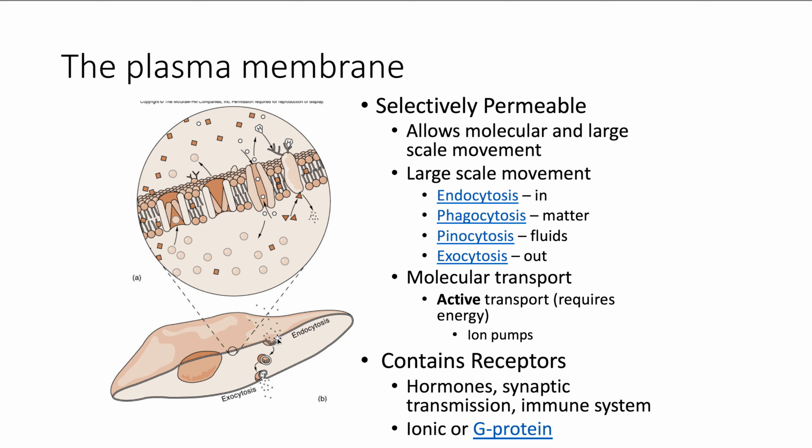And if you've heard those terms before, actin and myosin means that it has the ability to contract. So once we fill up this invagination with whatever substance is being brought into the cell, this vesicle will snap shut so that we now have the substance contained inside this structure that it's made out of, the cell membrane. And that's called endocytosis, and the structure is called a vesicle generally.